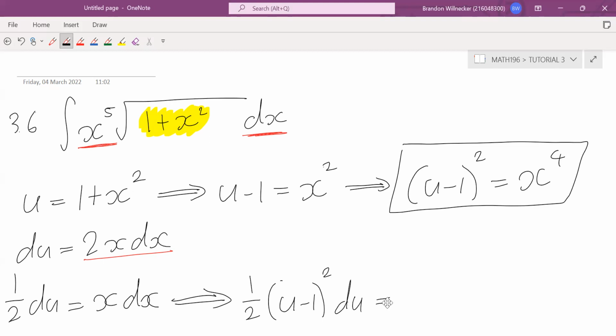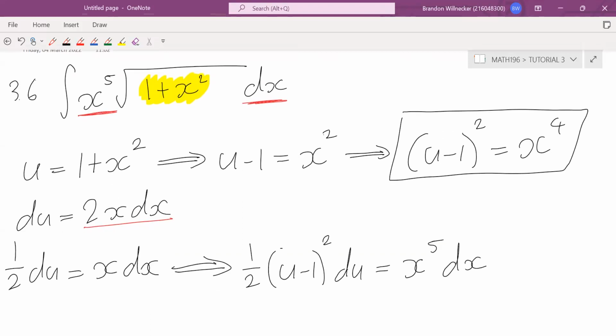And on the right-hand side, we multiply by x to the 4. So x to the 1 times x to the 4, that becomes x to the 5. So that would be x to the 5 dx. Okay, so we've got everything that we need there. So let's make the substitution now.